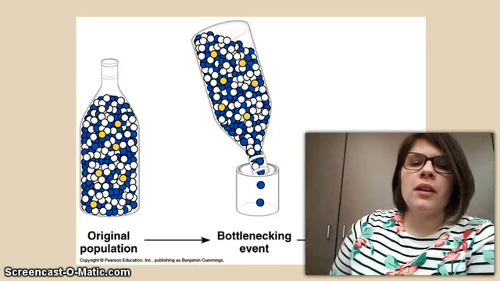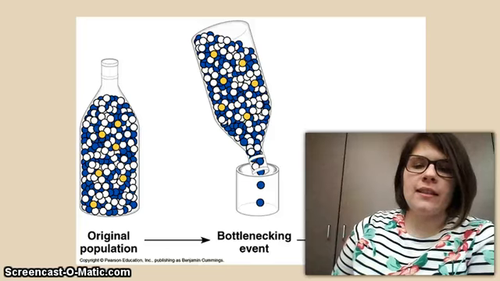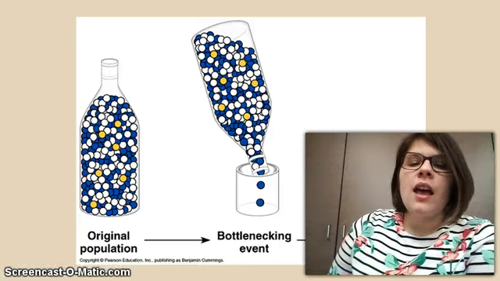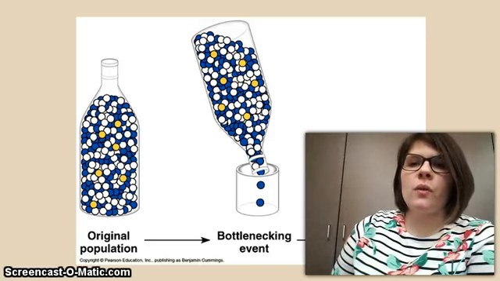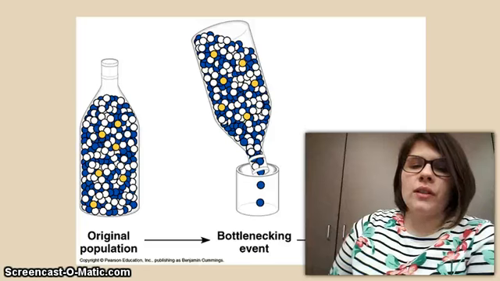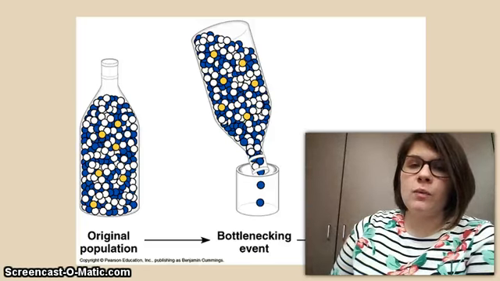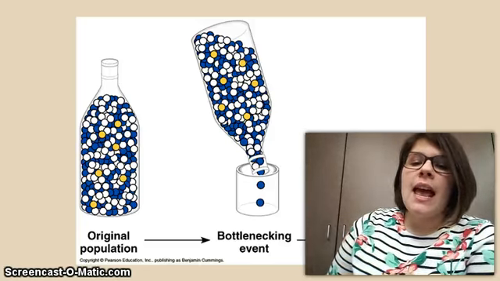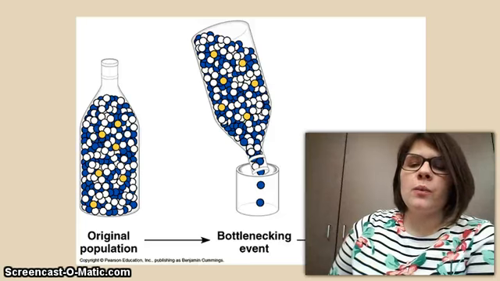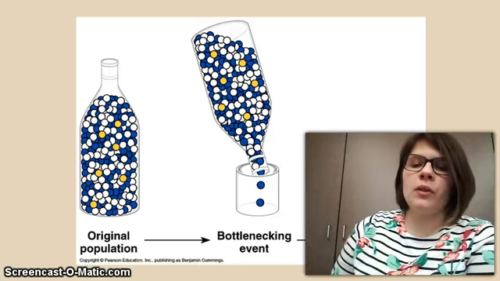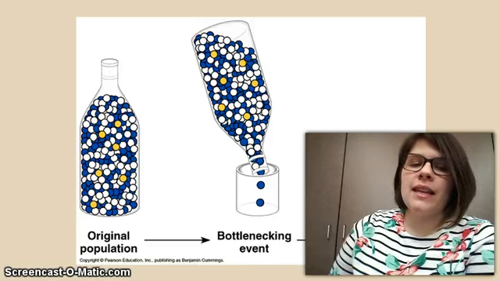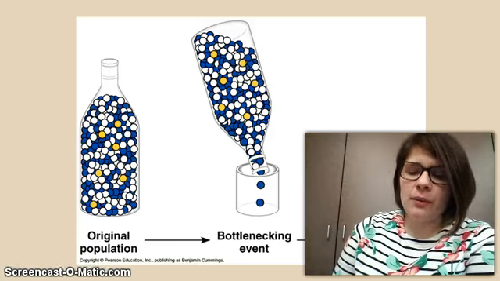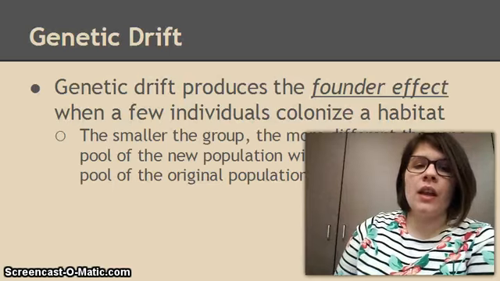And in the bottle, when you're shaking out these circles, you are only getting the blue going into the bottleneck. The ones that are surviving are going to be able to pass on their genes. Remember, that's what fitness in evolution means. In the surviving population, we have five blue circles and one white circle, meaning that we have barely any genetic diversity. They're almost exactly the same. So that becomes a bit of an issue.